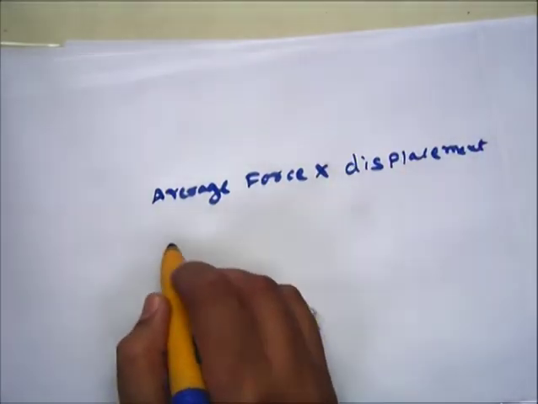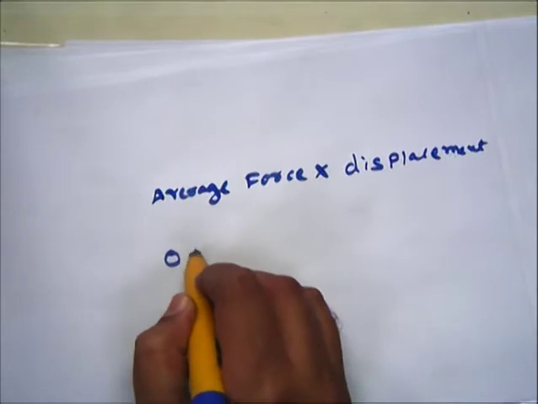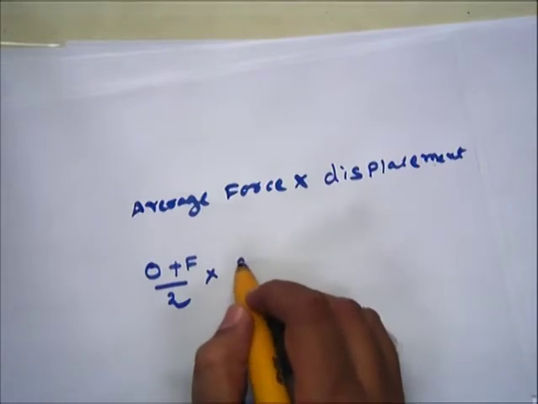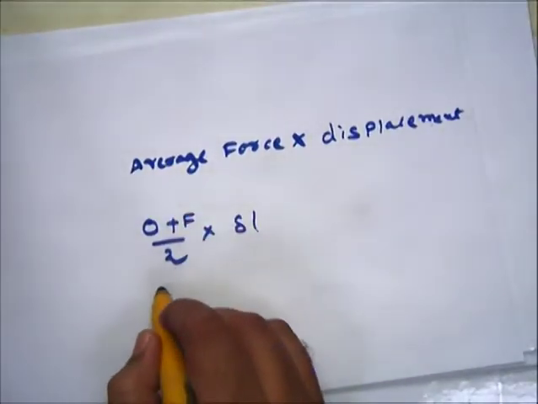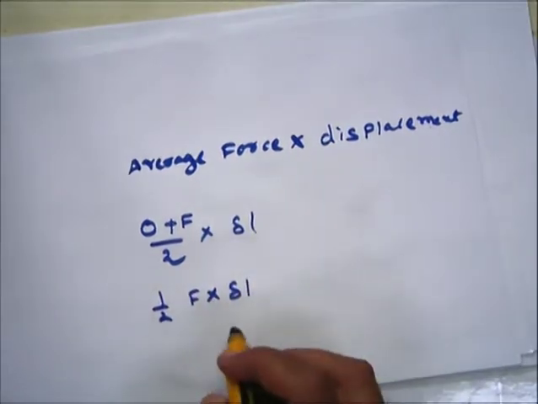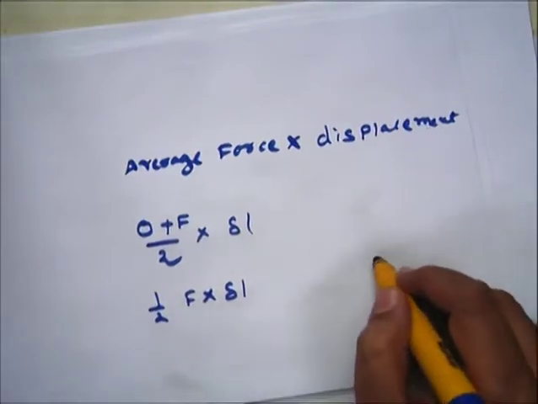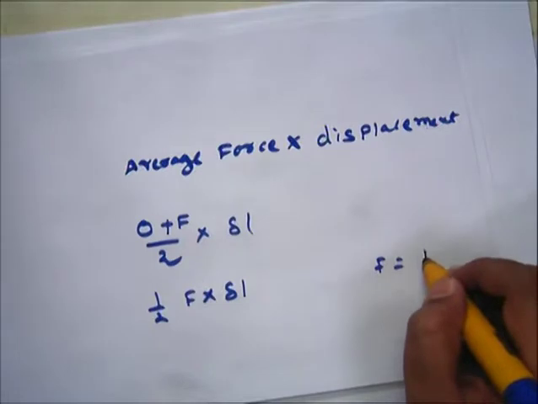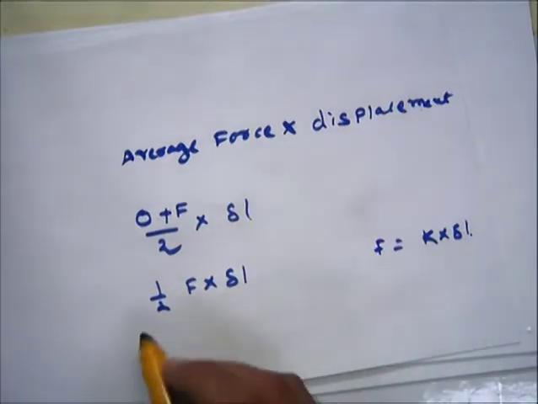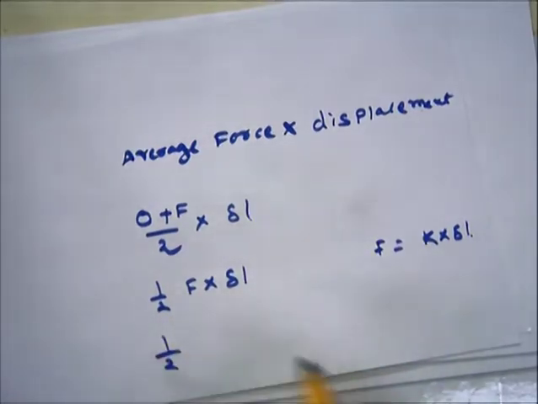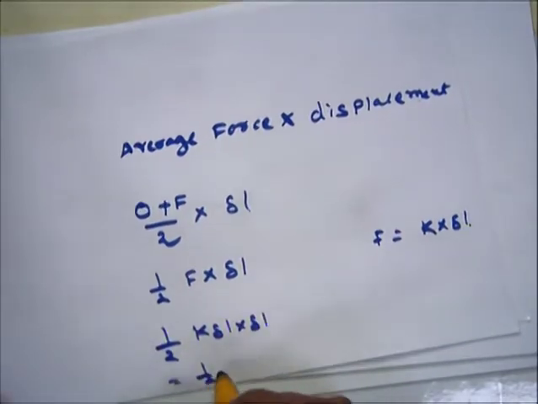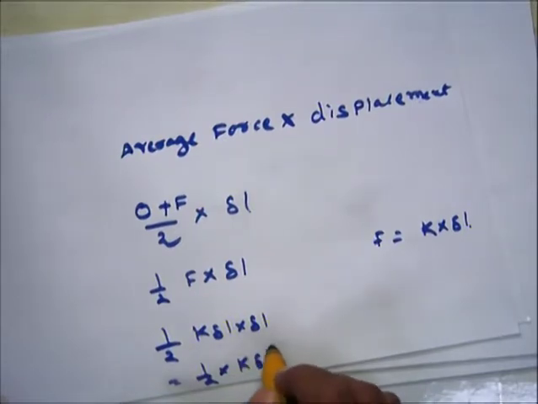So what is the average force? Force is equal to (0 plus F) divided by 2, and the displacement is delta L. So it is 1/2 force into delta L. But we know that force is equal to stiffness multiplied by delta L. So we can replace F by K delta L. So it is 1/2 K delta L into delta L, so it is 1/2 K delta L square.